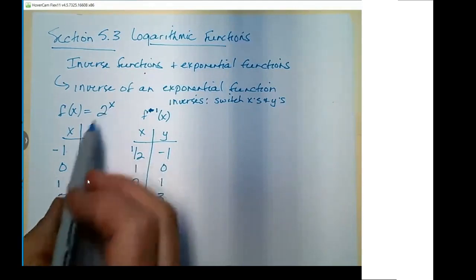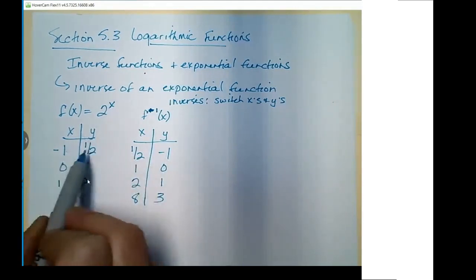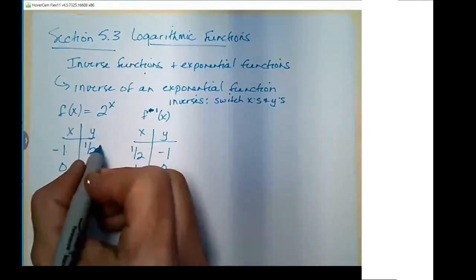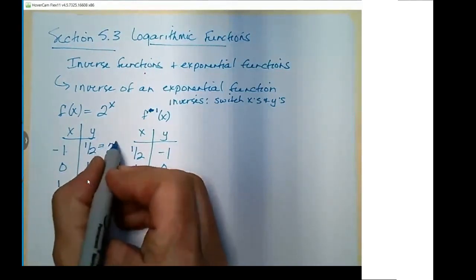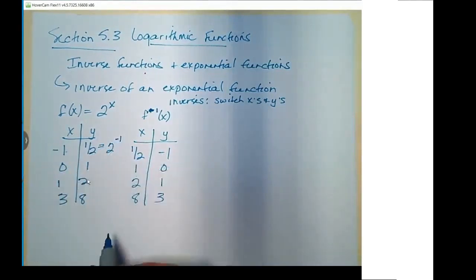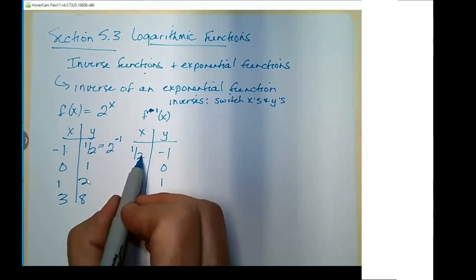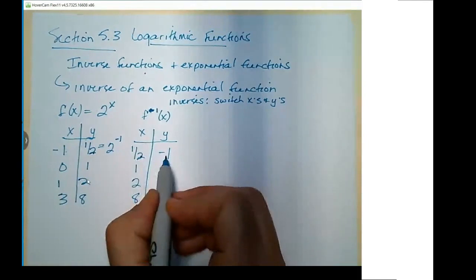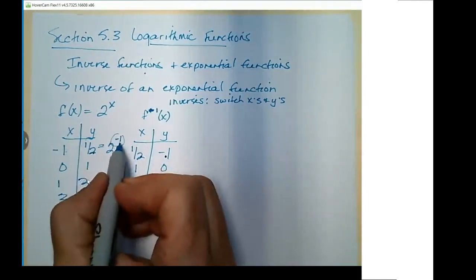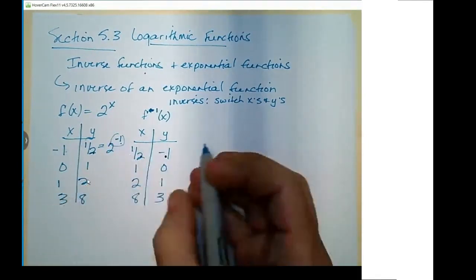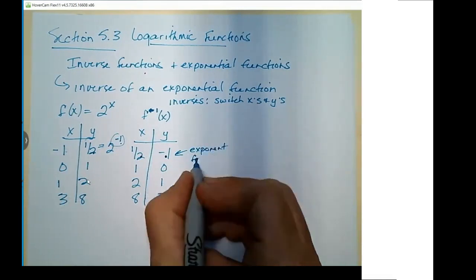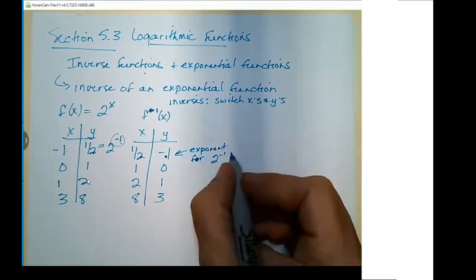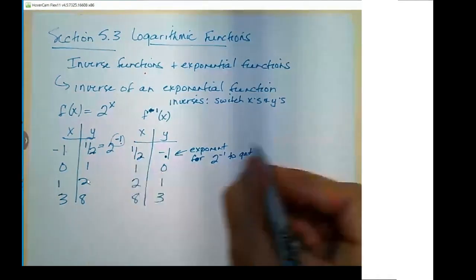So when we did our exponential function, this actually became our exponent. So this 1/2 right here was really the same as 2 to the negative first. When we do our inverse function, what we're doing is we're putting in the answer right here. What it's giving us back is the exponent for the 2. So this is the exponent that we would have for 2 to get an answer of 1/2.